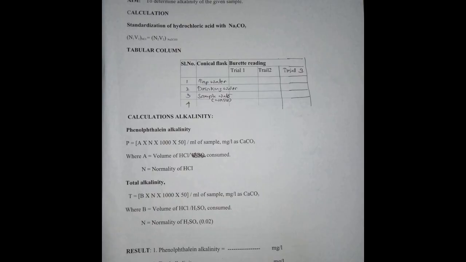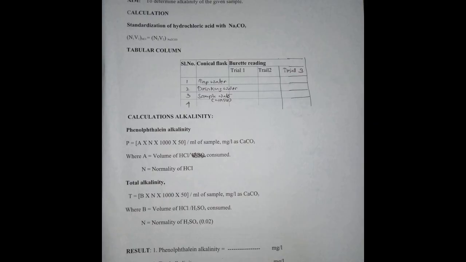Once you take the given sample in a conical flask, put the phenolphthalein indicator and note down the volume run down for phenolphthalein alkalinity. If you are getting some value, you put it in the phenolphthalein alkalinity calculation.